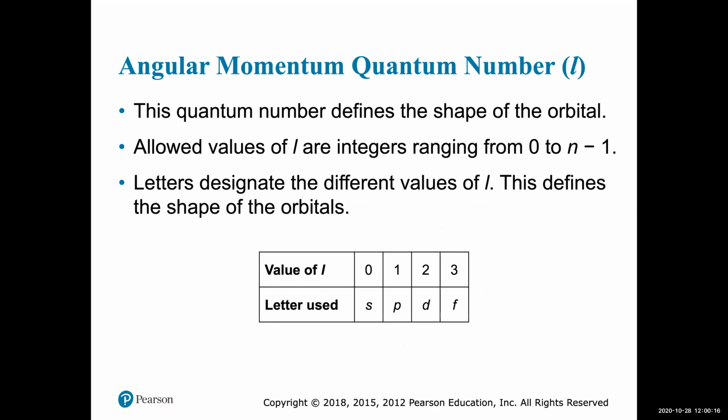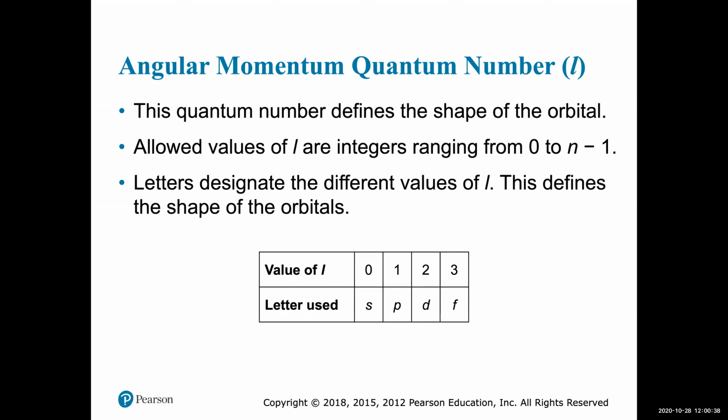The second quantum number we talk about is the angular momentum quantum number, l. While the first quantum number told us the energy, the second quantum number tells us the shape of the orbital. And like I said, this is what you're really going to get a nice feel for after playing with the software in lab this week, when you'll see what these orbitals look like.